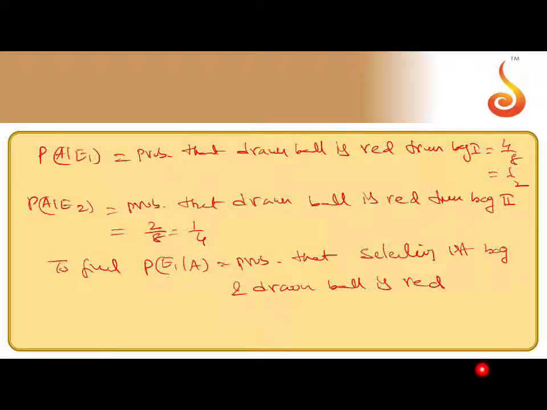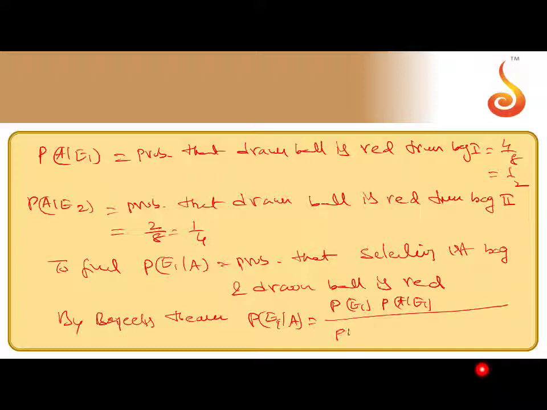Now we can apply Bayes theorem. By Bayes theorem, P of E1 given A equals P of E1 into P of A given E1, whole divided by the total probability: P of E1 into P of A given E1 plus P of E2 into P of A given E2.